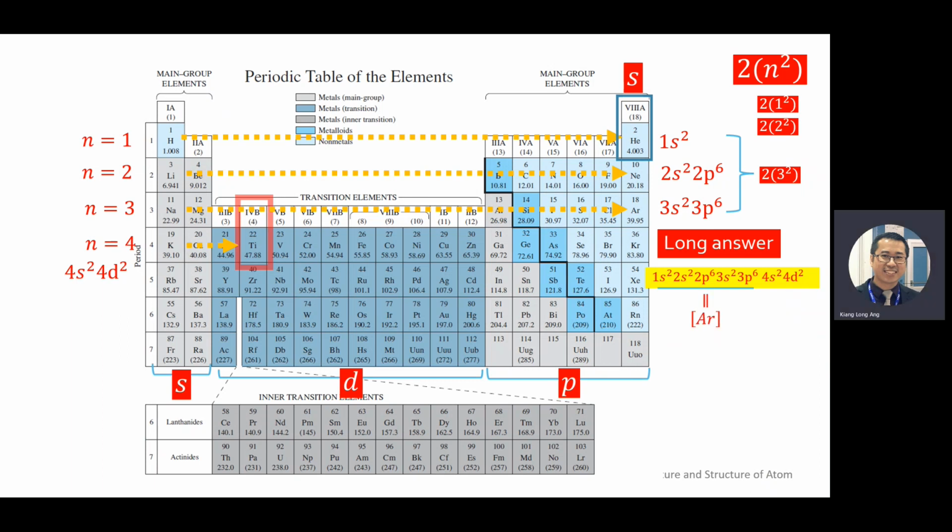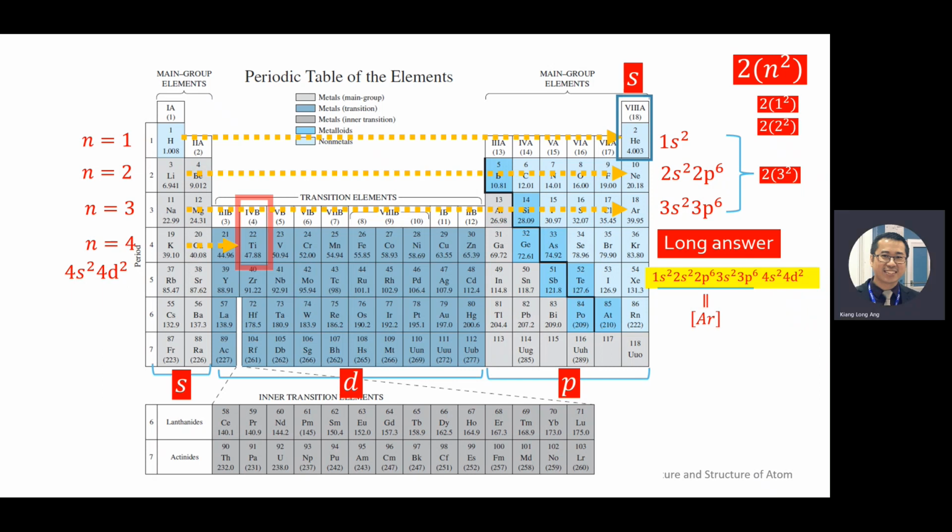These 3, up to here, you see argon, right? You see the argon element. The argon element represents the electron configuration from 1s squared until 3p6.